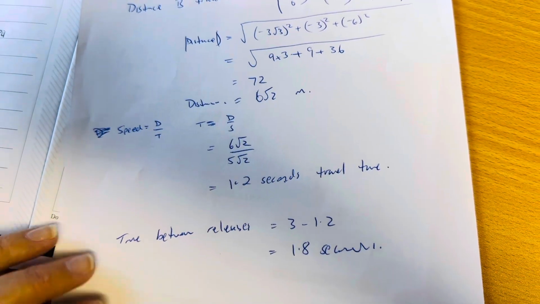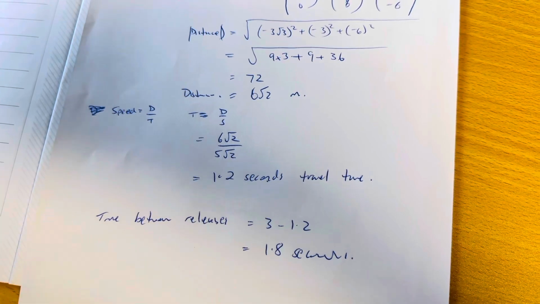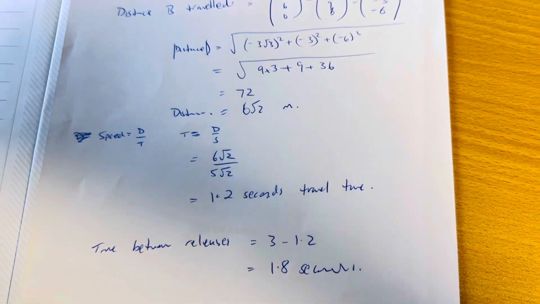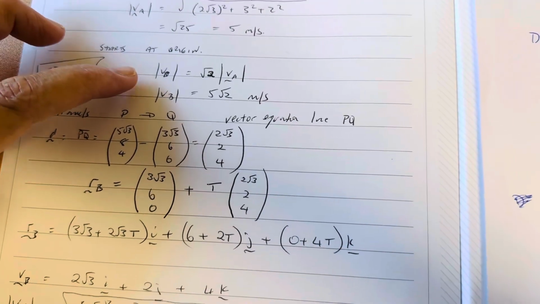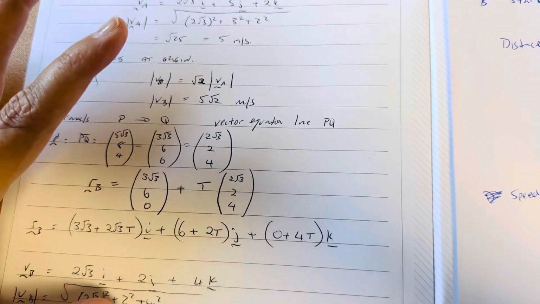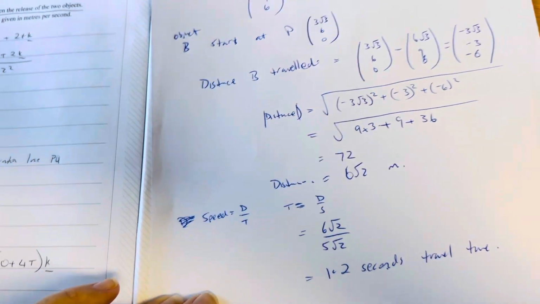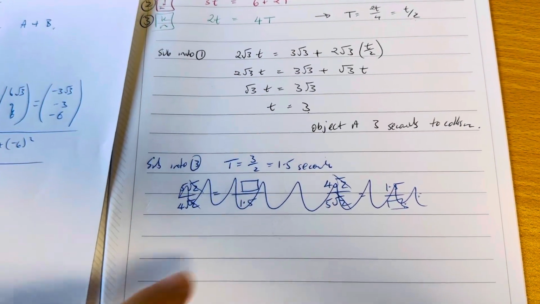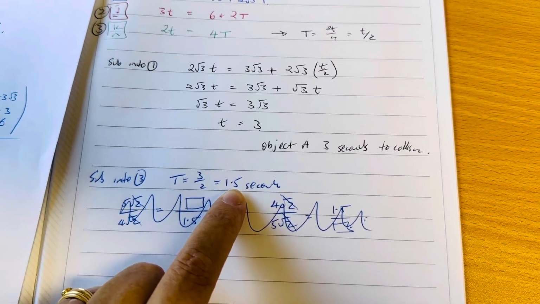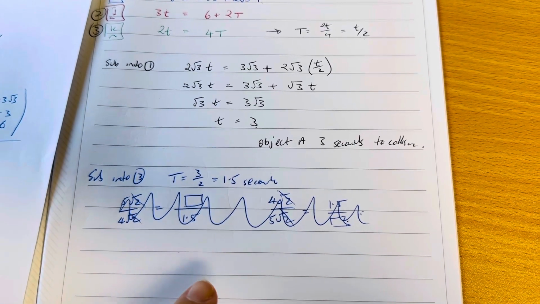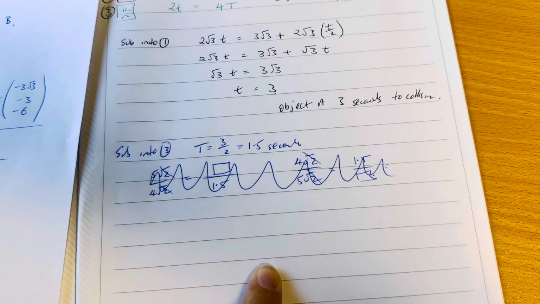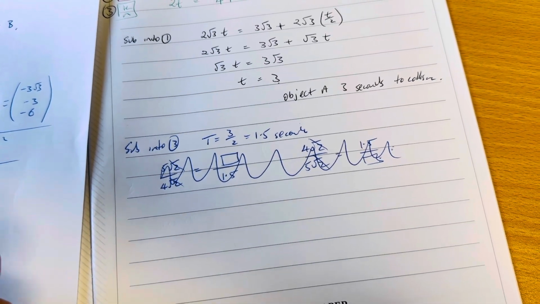I know there'll be some people, because it made my brain hurt a little, who reason that because it was traveling at 5 root 2 instead of 4 root 2, instead of taking 1.5 seconds, it's really taking 1.2 seconds because it's traveling faster.